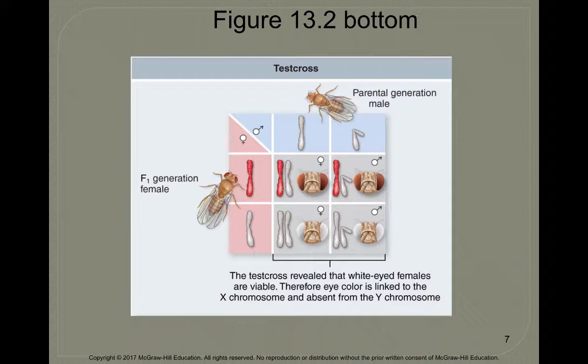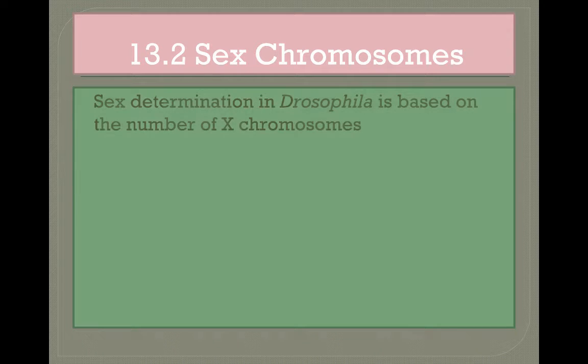Then he did the test cross and took the F1 generation female, back crossed it with a white-eyed male, and then he did get some white-eyed females showing up. So eye color is linked to the X chromosome, not on the Y, but on the X. That was a pretty important contribution, the whole idea of sex linkage, of traits being linked to sex chromosomes.